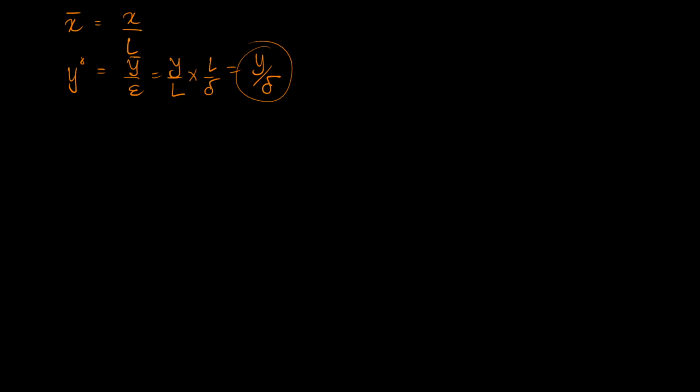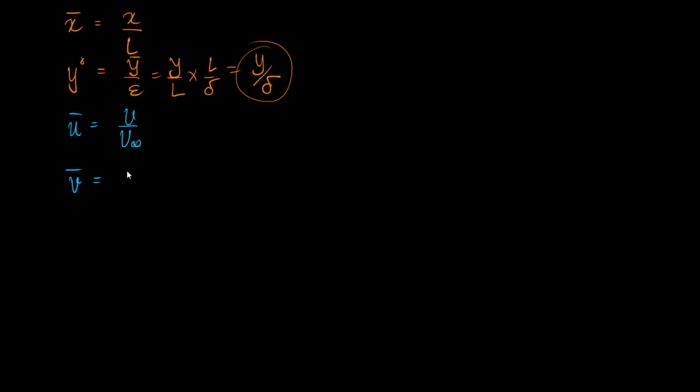So we have finally x bar is equal to x upon L, y star is equal to y bar upon epsilon, which is essentially y upon L times L upon delta, and this becomes y upon delta. So this makes sense. We have u bar equal to u by u infinity, which is fine.